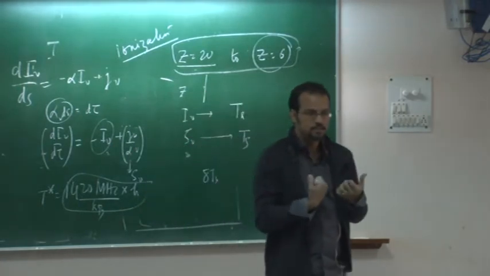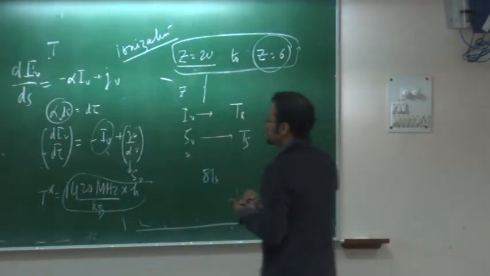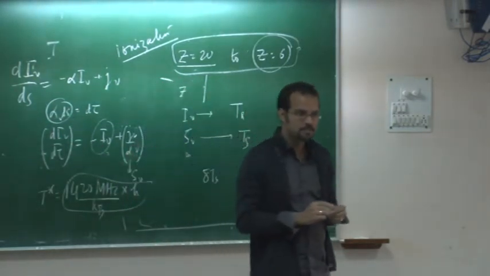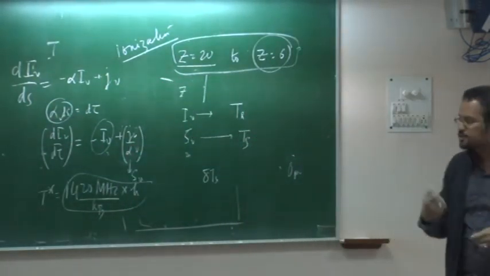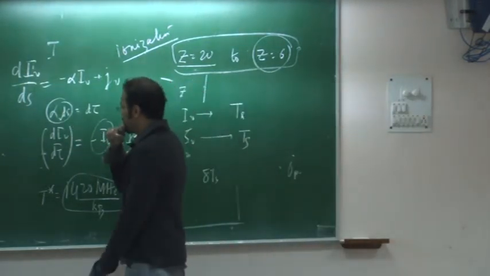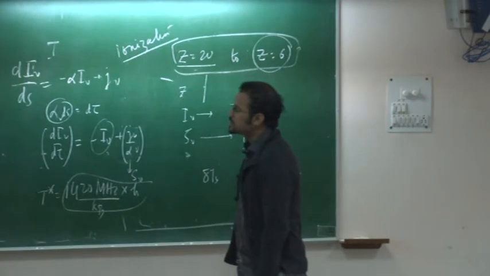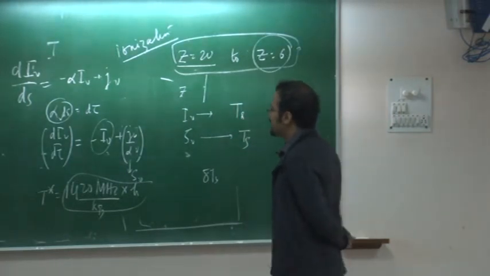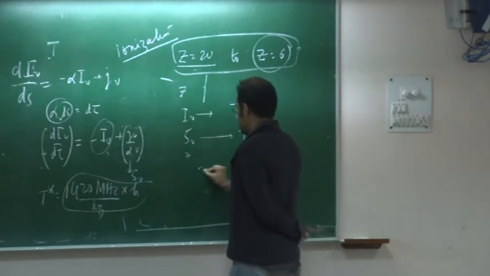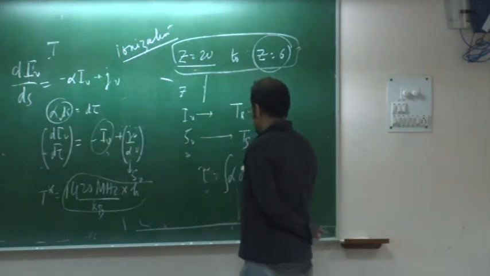So finally, if you know the atomic physics, you can calculate this alpha from experimental data. That is the absorption coefficient. That will clearly depend on the gas. All right. So what it turns out, I write down this tau again, which is the integral of alpha ds.